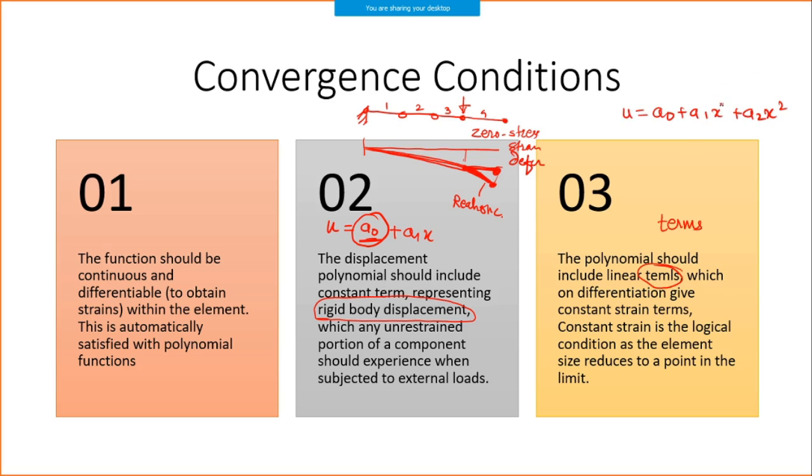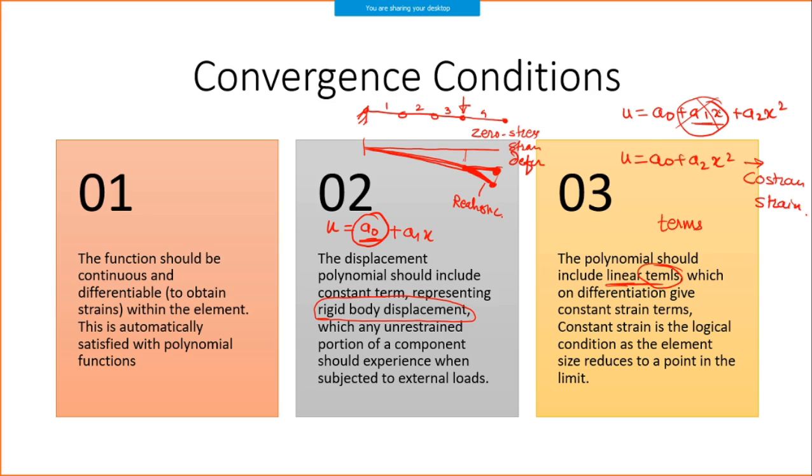In this case, if I miss this particular term, then my equation becomes a0 plus a2x square. I do not put this term. So what will happen? This will not result in a constant strain within an element in some cases, and that may also lead to a wrong result. And that's why we should have a linear term.